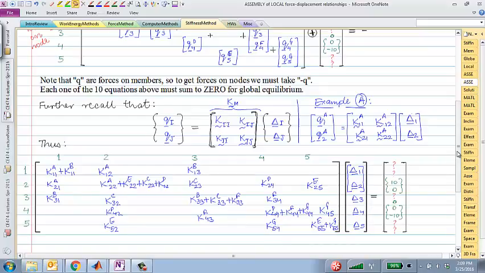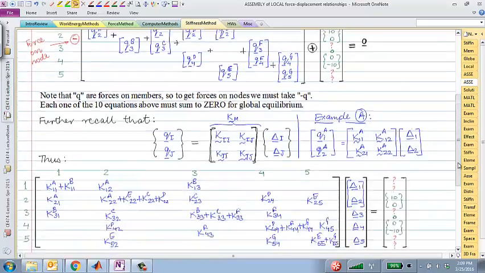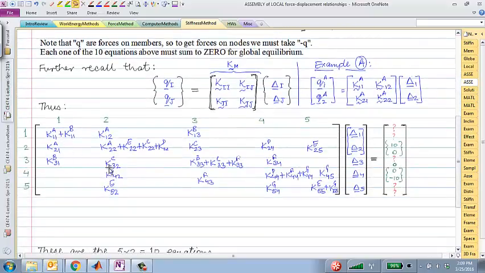All we did was we looped over all of these elements. Each one of these elements contributes 2 entries to the force vector and contributes 4 entries to the stiffness matrix. So at the end of this process, you will have the correct stiffness matrix, a vector of unknown displacements, and a vector of forces.